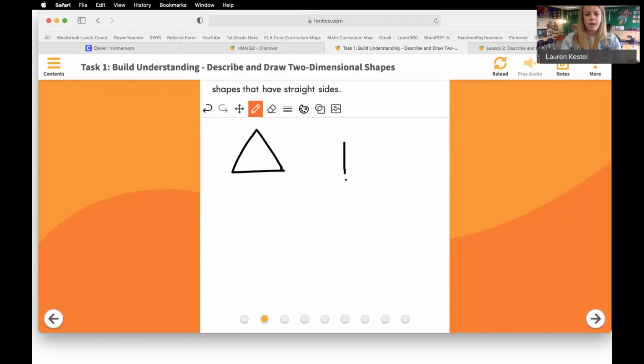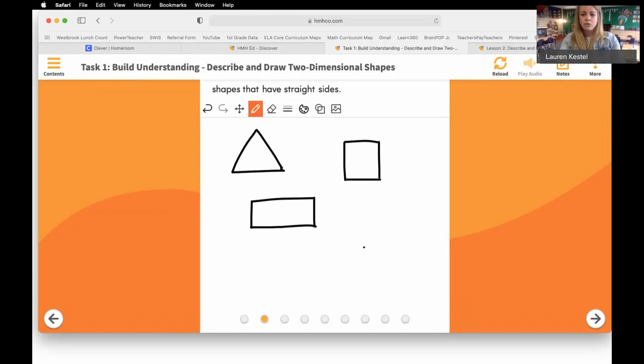I know a square will have straight sides, 4 sides of equal length. A rectangle has 4 sides, and they're all straight. 2 sides are short, 2 sides are long.